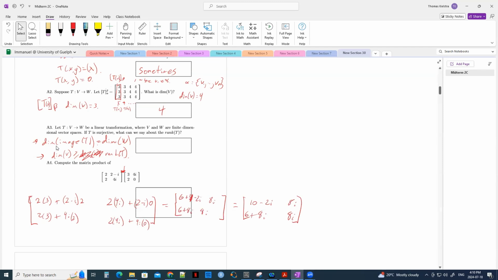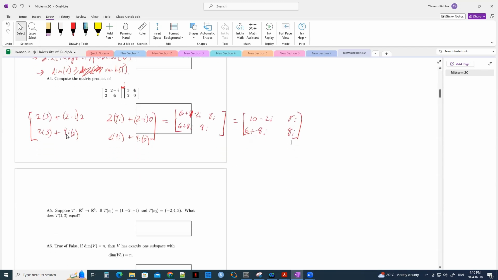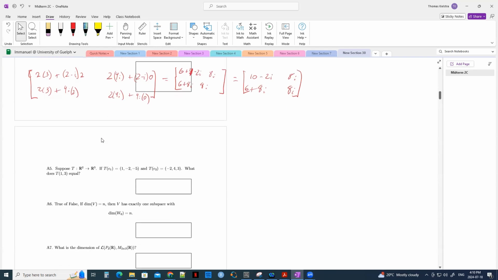Assuming I've made no multiplication errors. So a question like this is purely, can you do this computation? Can you work with your complex numbers? Do you know how to do matrix multiplication?